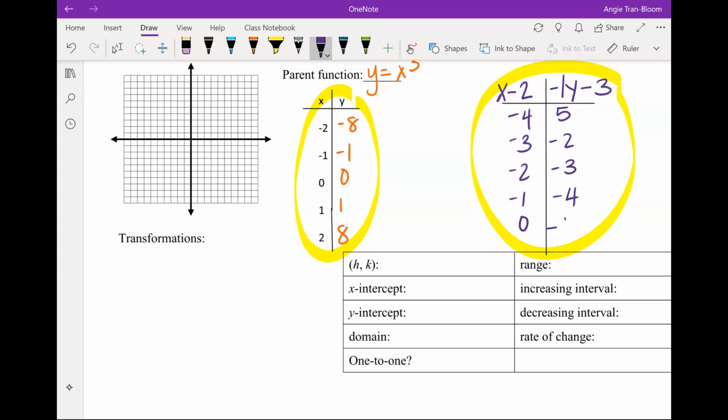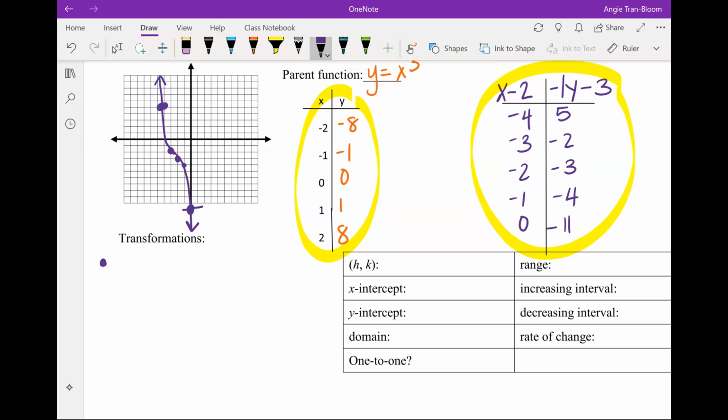Negative what? 11. Someone confirm that before I plot. Okay, negative 4, go positive 5. Negative 3 is now negative 2. Negative 2 is negative 3. I'm just going to make one extra grid for the negative 11. Perfect.